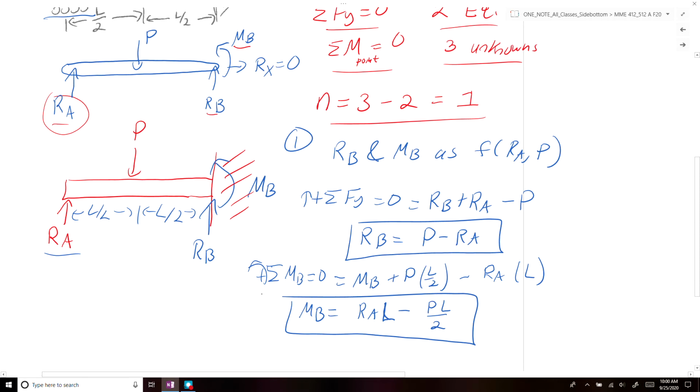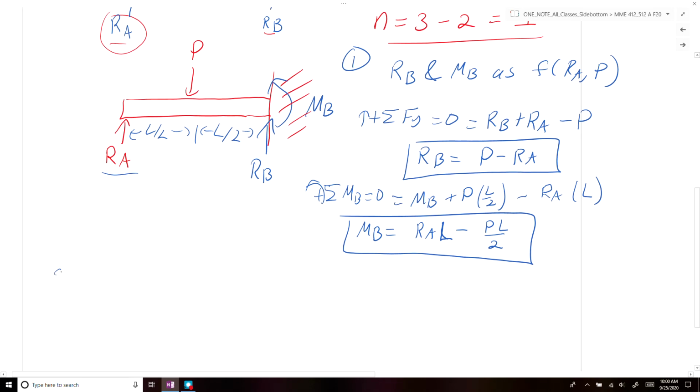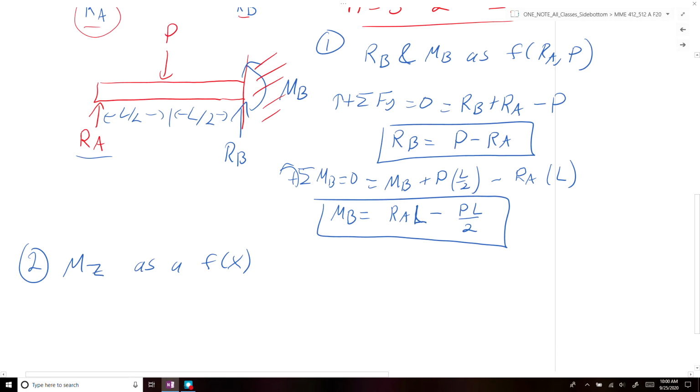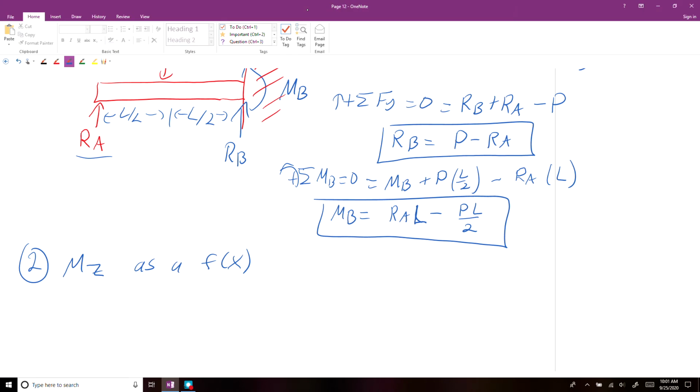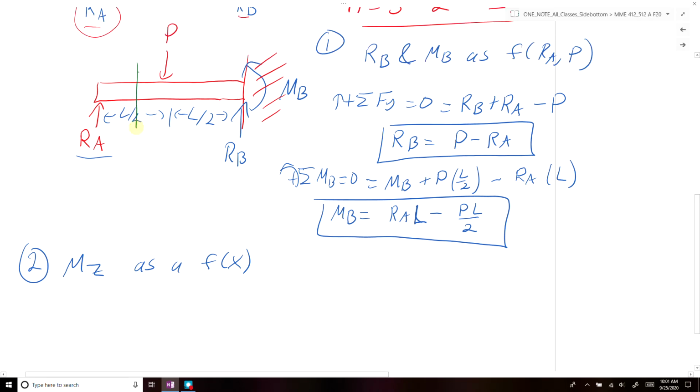The second step of the problem is to determine Mz as a function of x. In order to do that, we're going to take a couple of section cuts. We can take a section cut 1 and a section cut 2.